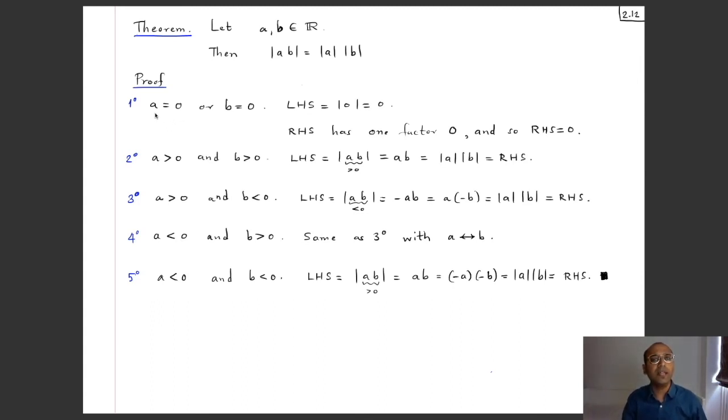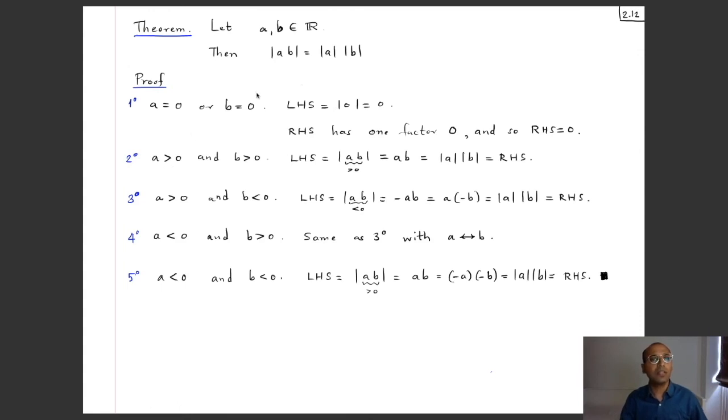So if A or B is 0, then the product is certainly 0. So the left hand side is just the mod of 0, which is 0. On the other hand, if A or B is 0, one of the two mods will certainly be 0, right? And so mod A times mod B will have one factor that is 0, and so the right hand side is also 0. So we have equality.